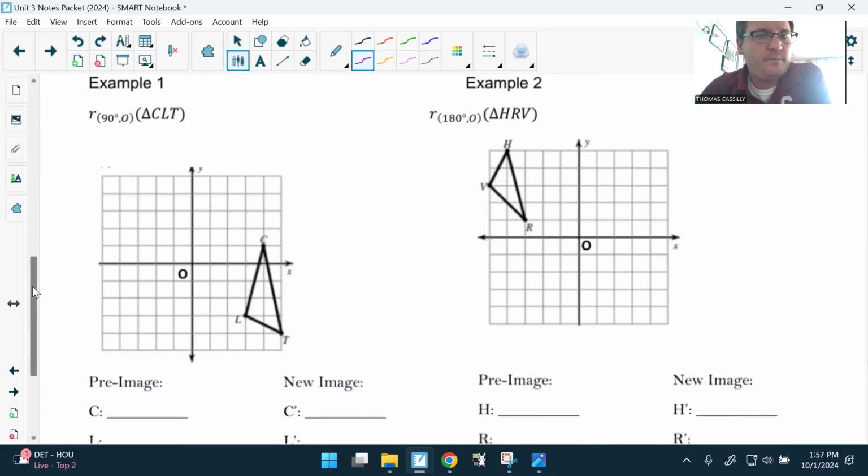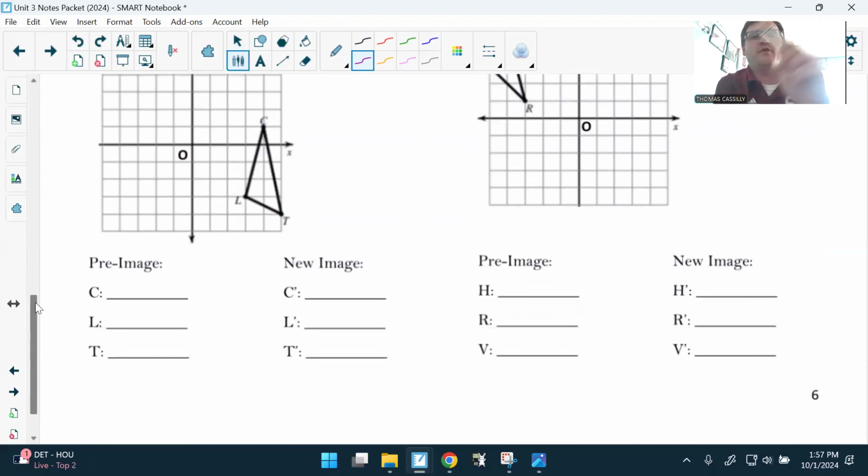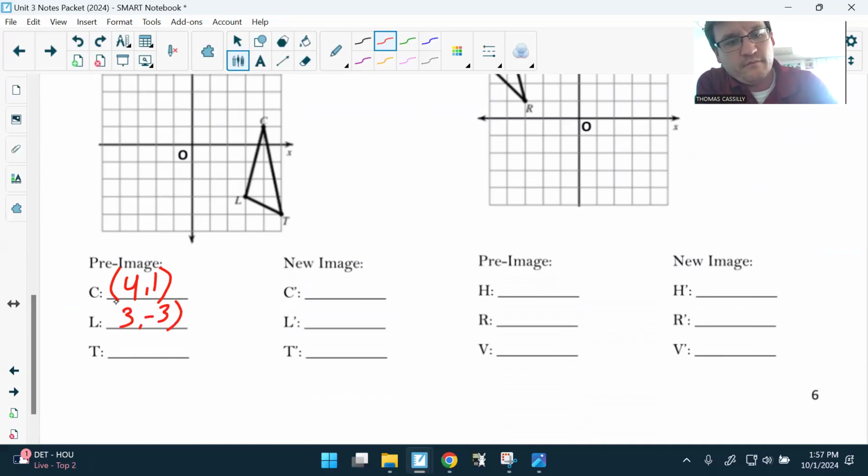So, two ways to think about this. Triangle CLT. I'm going to write down all those points right now. C is at 4, 1. L is at, what is that, 3, -3, it looks like. And then T, I'm going to say 5, -4.